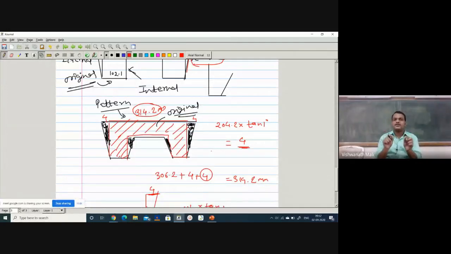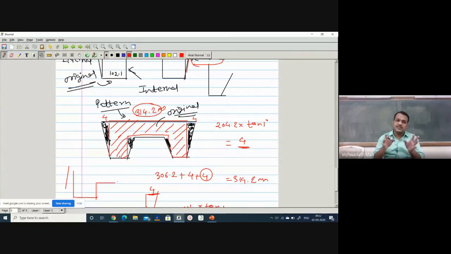There we cannot get the proper finish. There is a 1-2 mm difference in the internal surfaces, because generally what happens, we always use internal surfaces, like, suppose a piston and cylinder arrangement is there.